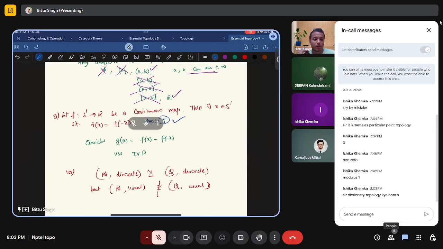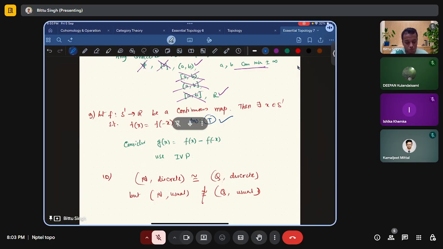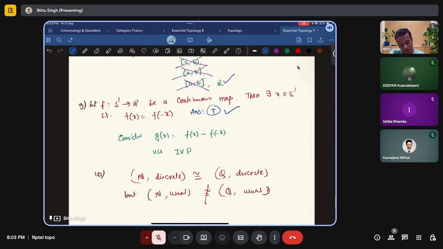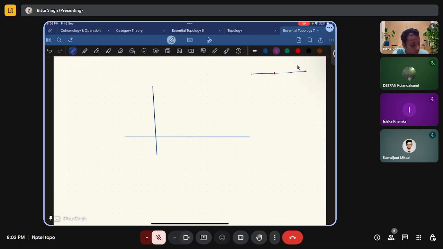Okay, dictionary topology means it is actually an ordered topology. So, for example, on R2 you can give a dictionary topology. In R2 there is some ordering, right? Choose any 2 points a less than b; there is an ordering.